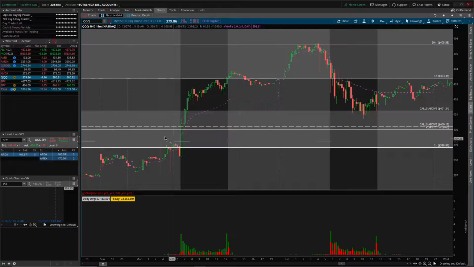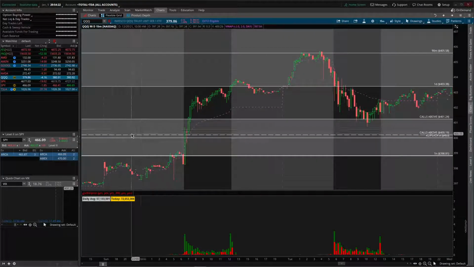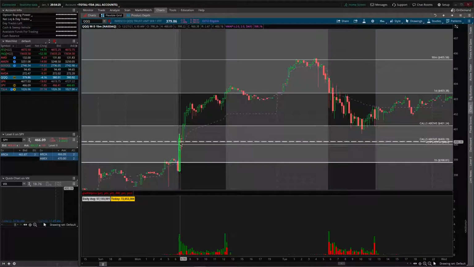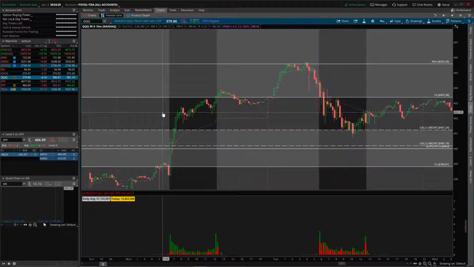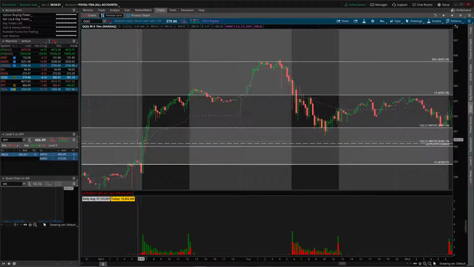You want to see price close above or below the zones depending on which direction you're playing, and you want to see continuation going over here. Okay, and we also have this 1 hour, where you have to think about these 15, 30, 45 minute candles, like this 45th minute here.